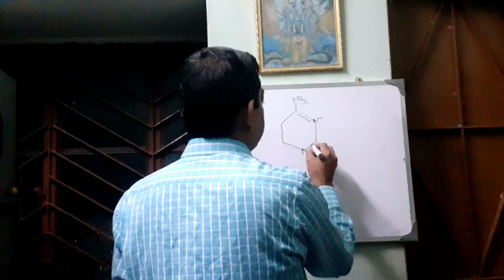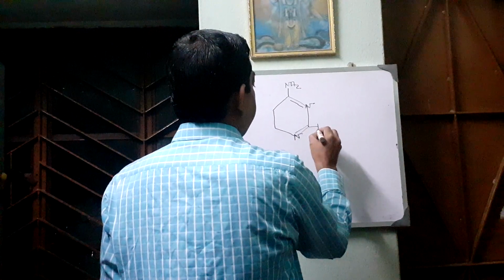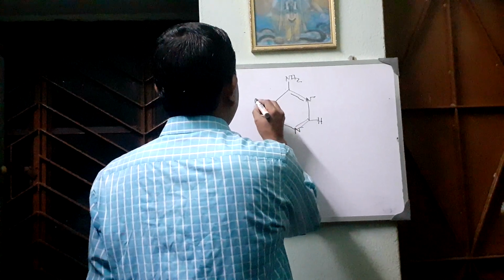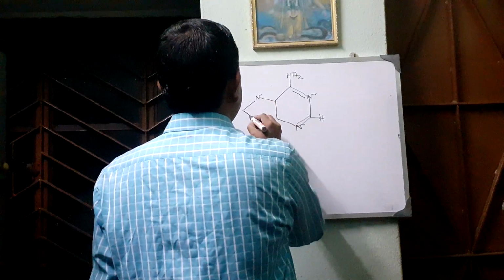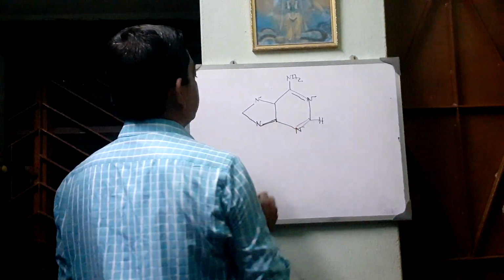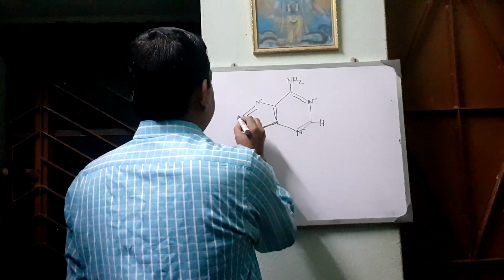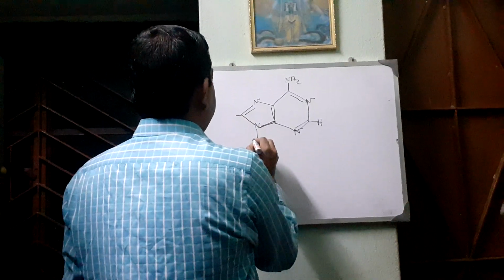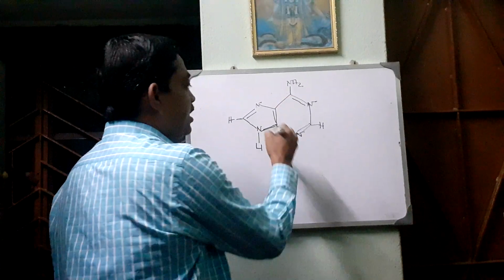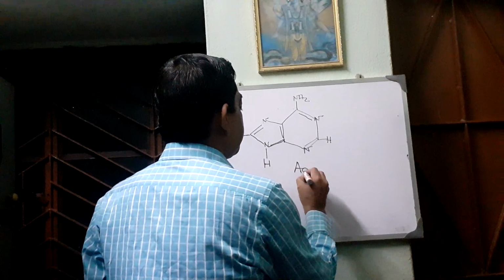Here is a carbon atom, and here is H. Here a carbon atom is also present, like that, and here is the H. It is the structure of the purine base adenine.